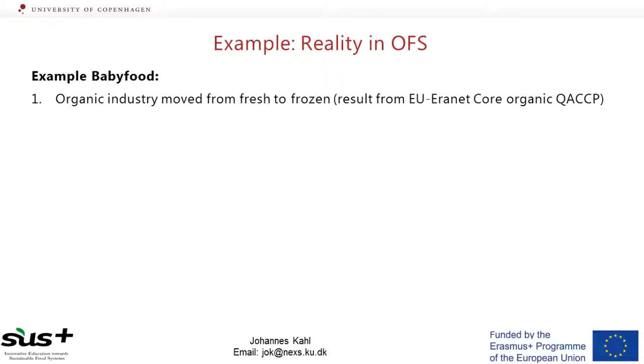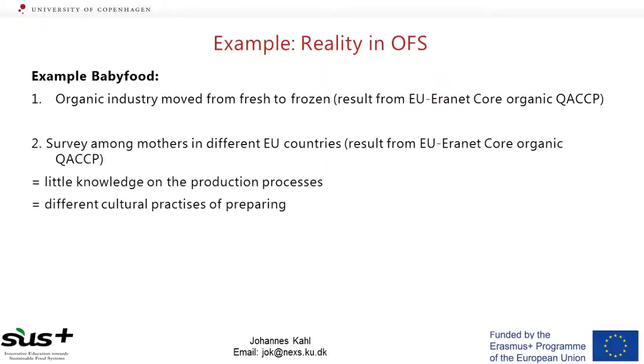But our measurements show that taking fresh would enhance several quality aspects. When asking the mothers, who are the buyers of the food, we found that no one really knows how the food is produced. So there was no knowledge and no willingness to pay a higher price. So the industry has no argument to change.